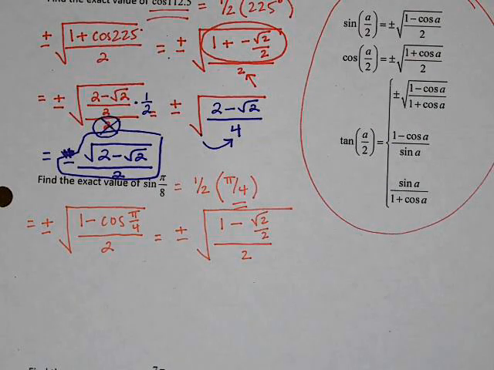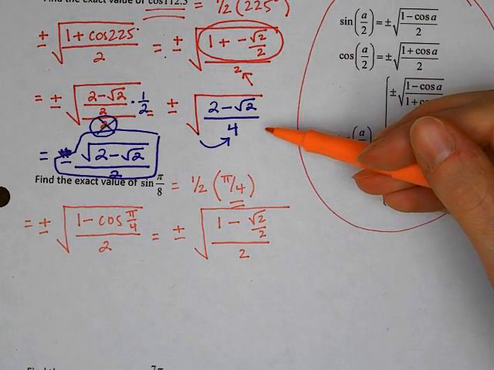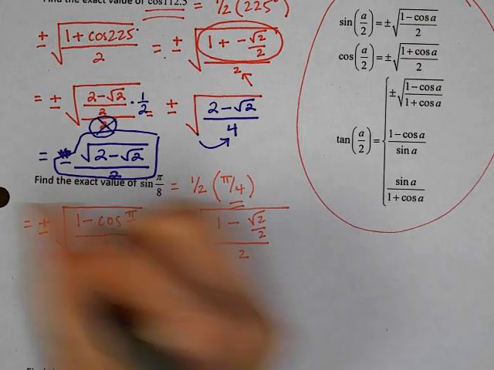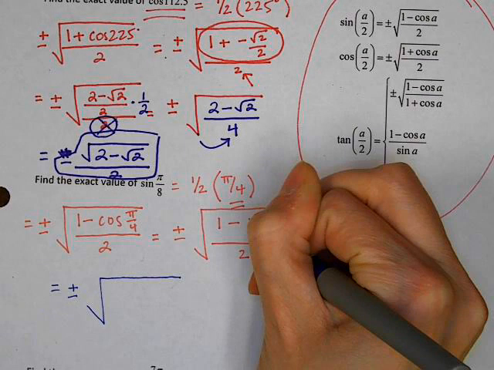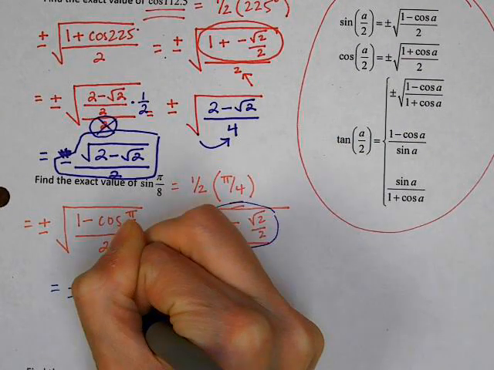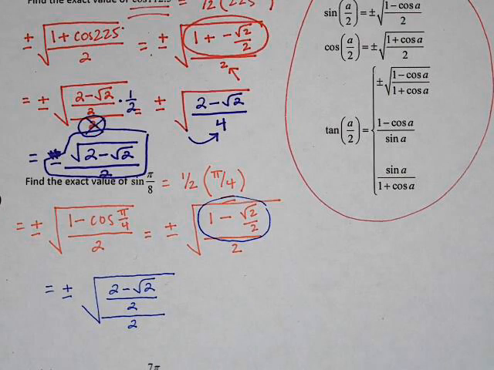And then actually, we're going to notice by algebra, we're actually going to get the same answer as this one, right? But I'll work it out if you need it. So if we get a common denominator here, it's going to again be 2 minus root 2 all over 2, all over 2.